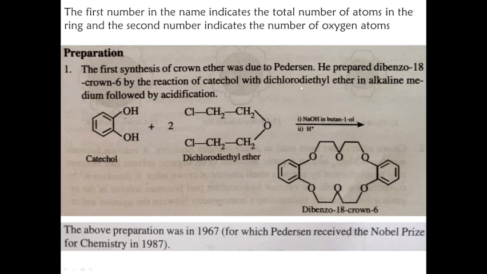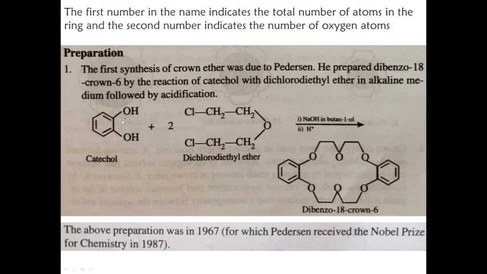It reacts with dichlorodiethyl ether, which has two chlorine atoms and two ethyl groups, in alkaline medium followed by acidification. Effectively, 2 HCl is removed in this reaction.